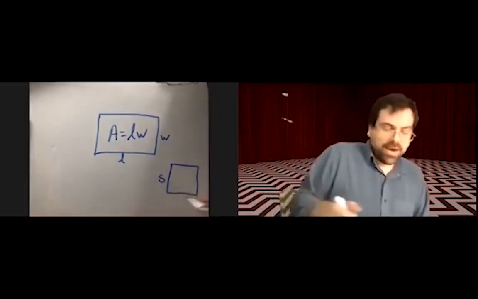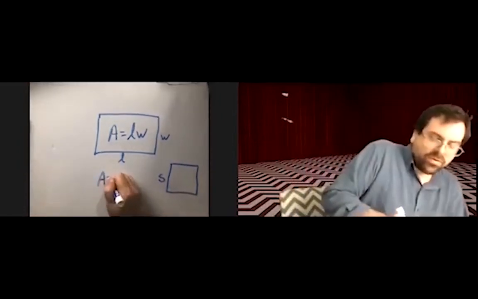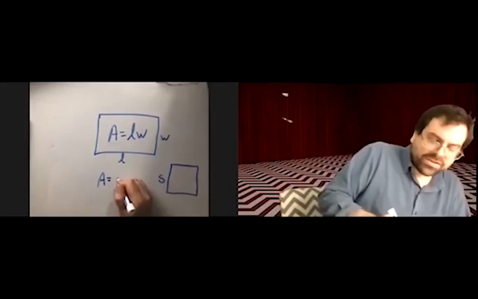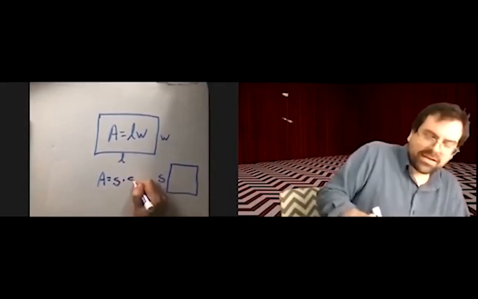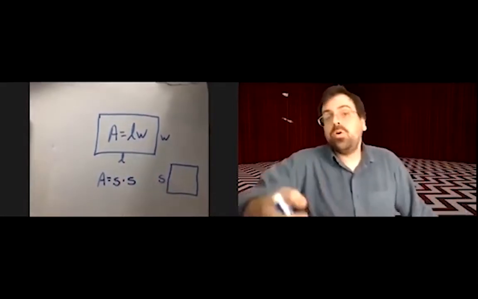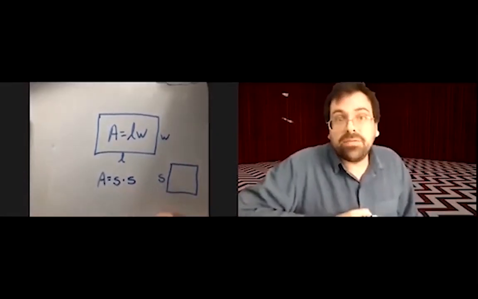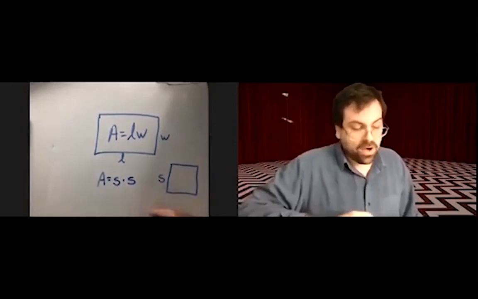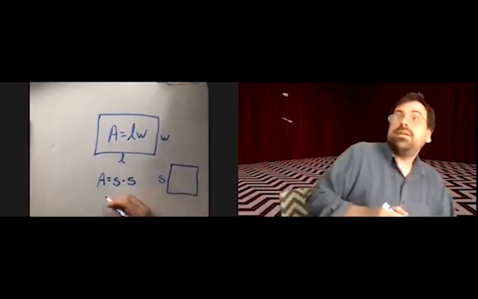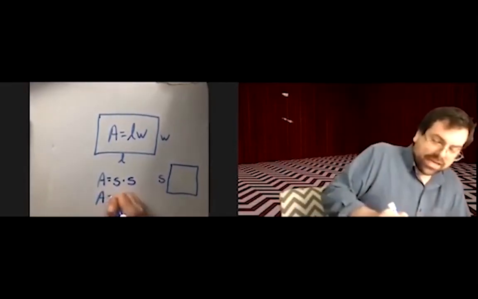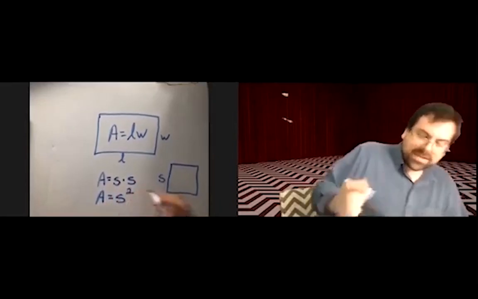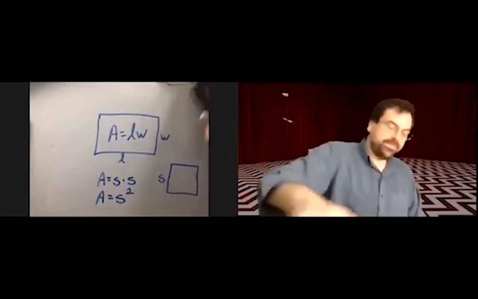So the area of the rectangle formula tells us that the area of a square would be side times side. What do we call it when we multiply something by itself? We call it squaring. Side times side is side squared.